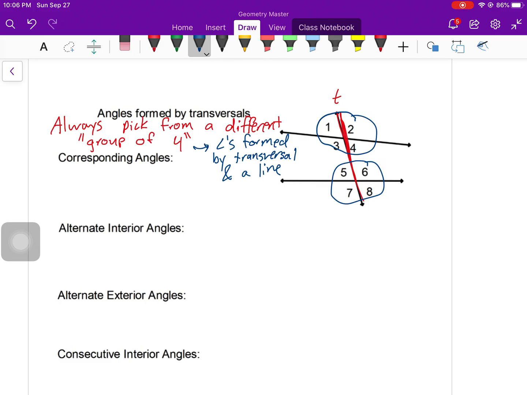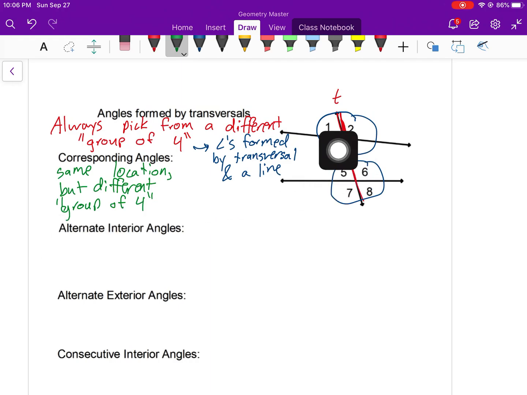All right, so corresponding angles are in the same location, but different group of four. So what I mean by that is if I just think of this 1, 2, 3, 4 as top left, top right, bottom left, bottom right, 5, 6, 7, 8 would still have top left, top right, bottom left, bottom right.